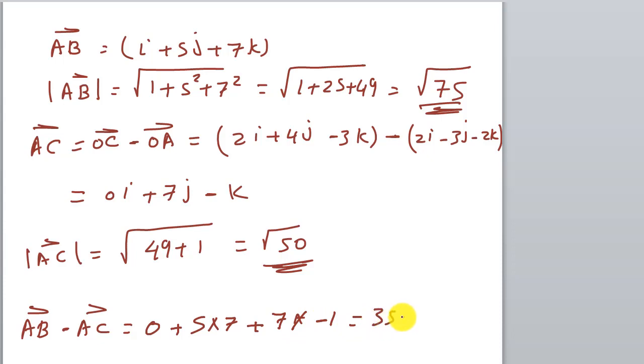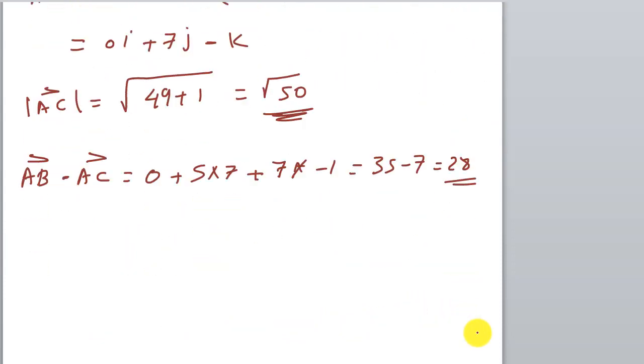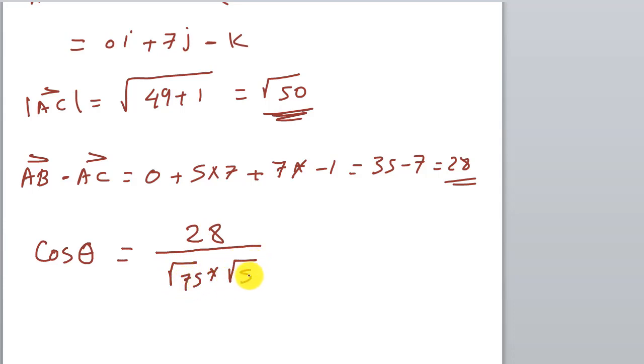So 35 minus 7, so it's 28. So now cosine theta is equal to 28 divided by square root of 75 multiplied by square root of 50.